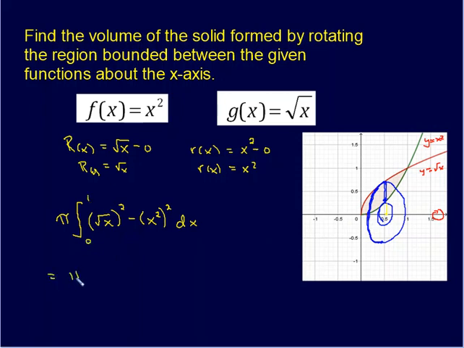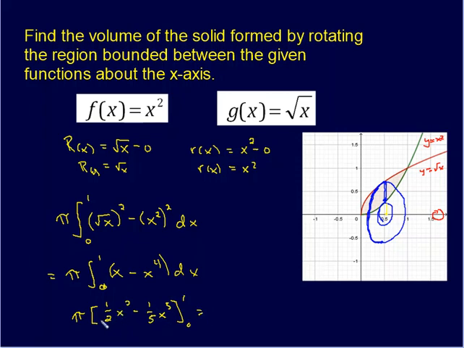This would be an excellent candidate that you should be able to solve without a calculator, because after simplifying the integrand, we're integrating x minus x to the 4th between 0 and 1. So other than to have pi there again, the antiderivative is 1/2 x squared minus 1/5 x to the 5th. And we're going 0 to 1.